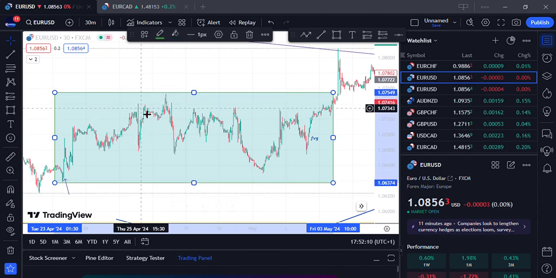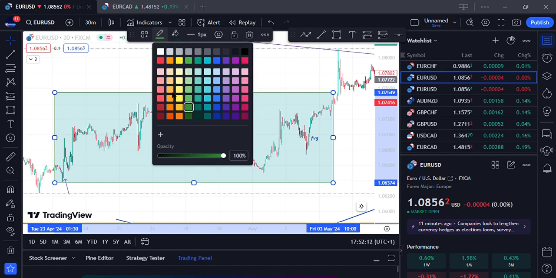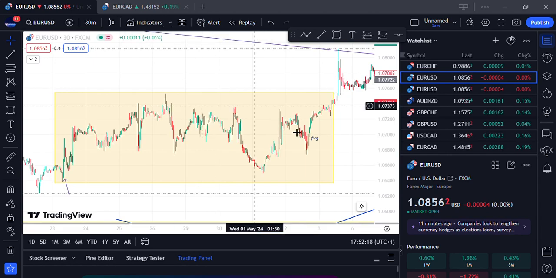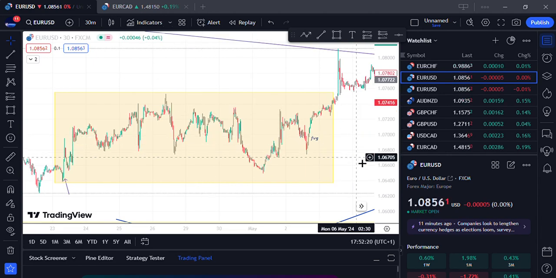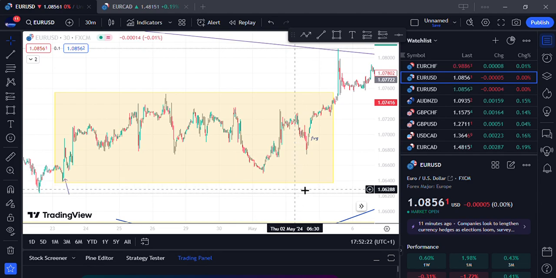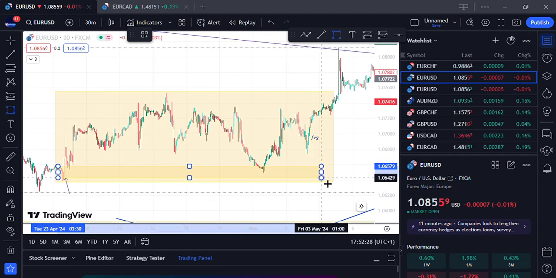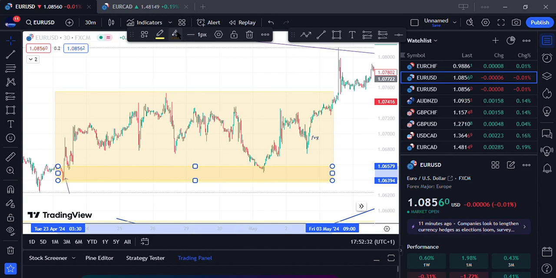So that takes us to how do we trade a ranging market? And like I said, there are four different ways to trade a ranging market. The first thing is that you mark out your support and resistance level zones in the ranging market.